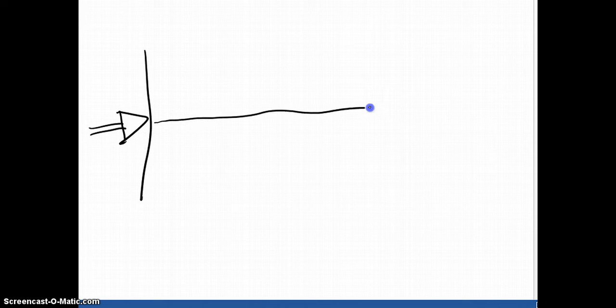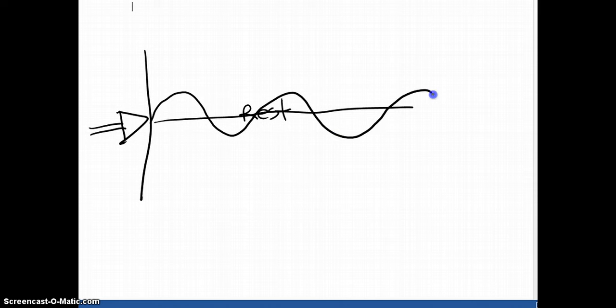I'm going to include a rest line, okay? And then I'm also going to show that the wave is transversely propagating through the matter, but then it gets to a point where it hits a medium that it cannot go through. So we're going to call this the barrier medium, okay?